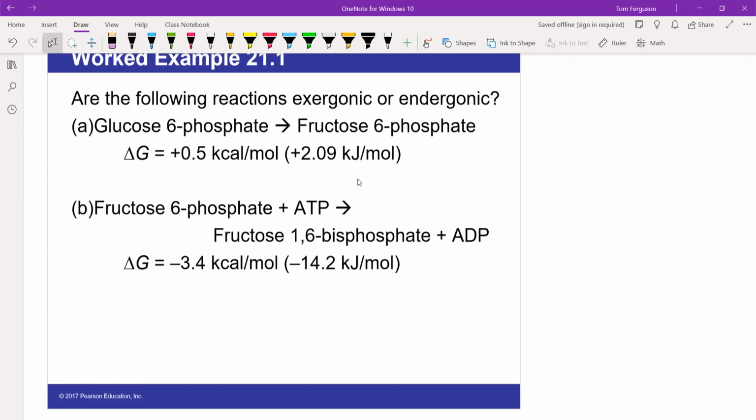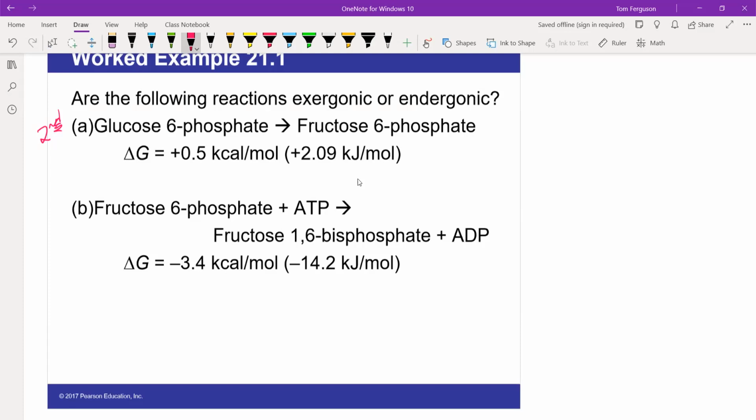All right. When we talk about glycolysis, eventually, either today or the next lecture, this is the second step of glycolysis. The first step is to create the glucose 6-phosphate.